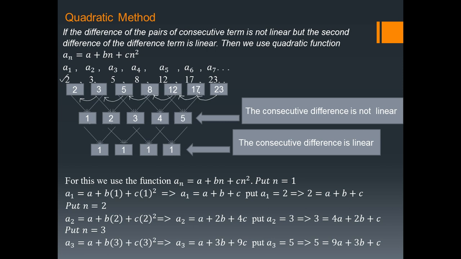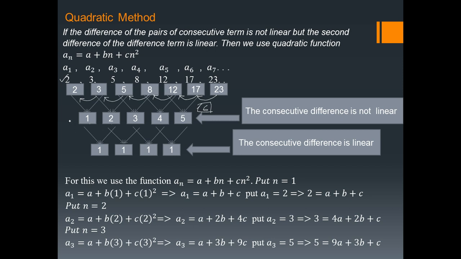If we are subtracting 17 from 23, what are we getting? 6. So from this we determine that this is not a linear sequence, not an arithmetic sequence.